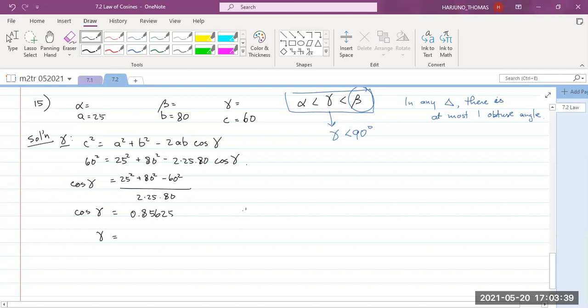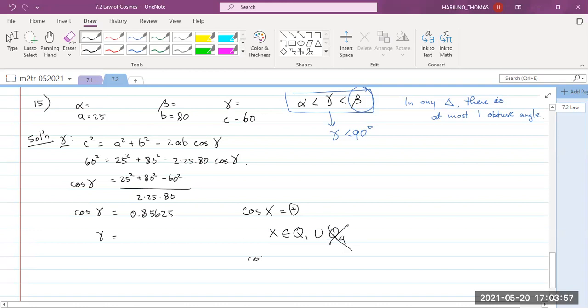Now, the nice thing about cosine is you will have only one angle. See, if cosine x is positive, and of course less than 1, then x must be in either quadrant 1 or quadrant 4. But this x is an angle of a triangle, so it won't be in quadrant 4.